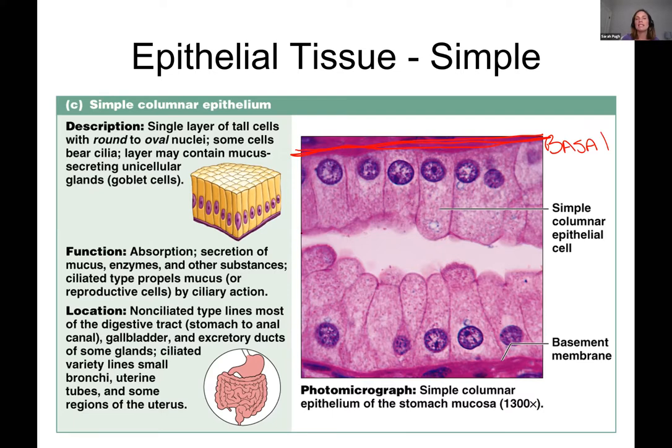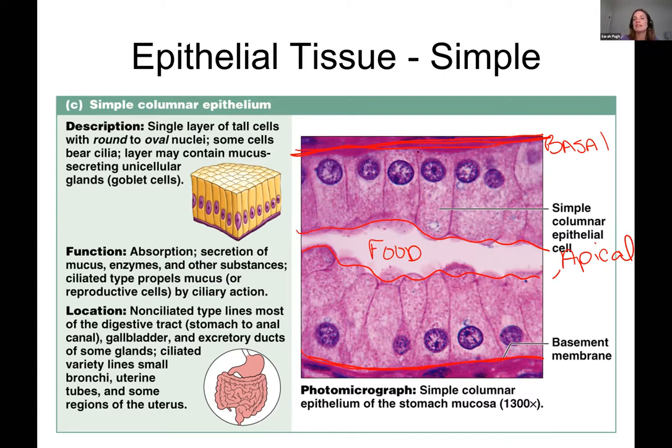This right here would be the apical surface of the cell. Okay, and then we can do the same thing on the other side. Here's the apical surface. And then down here would be the basal surface because there's our basement membrane. So the food would be moving through right here.